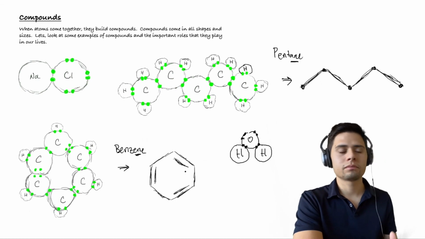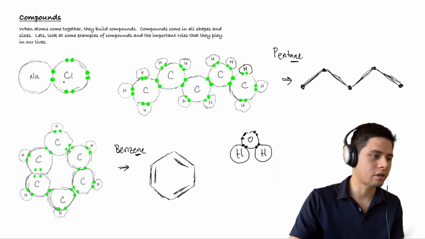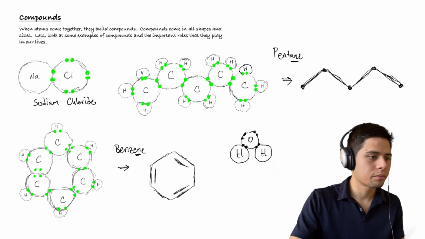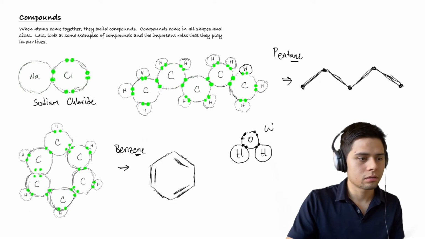So here again I have some examples of compounds. Just to reiterate, this is common table salt, sodium chloride. This is pentane, benzene, and water.